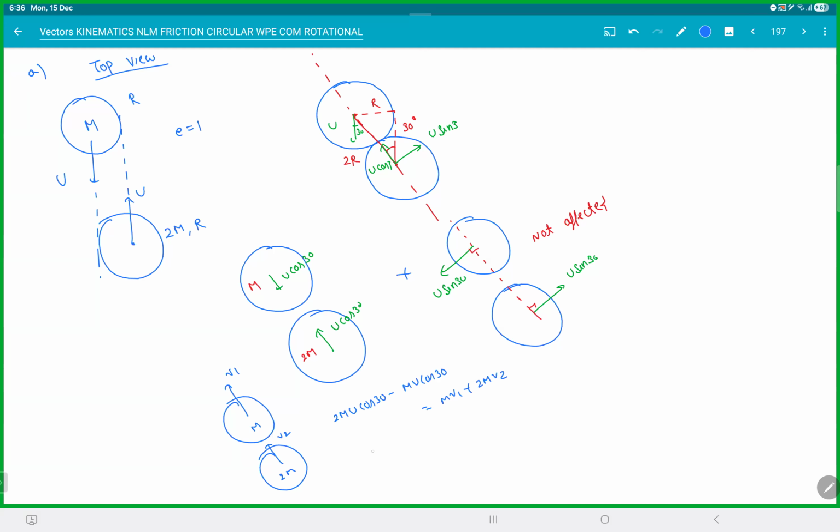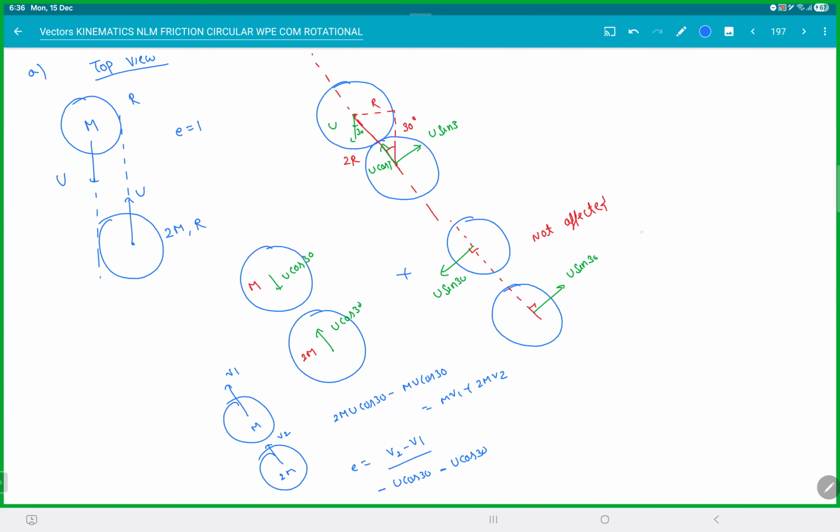Coefficient of restitution: v2 minus v1 by u cos 30 minus of minus u cos 30, that is v2 minus v1 by u1 minus u2. Solve them, you'll get v1, v2.